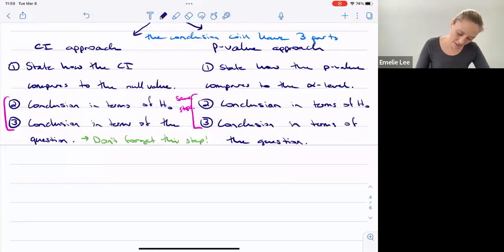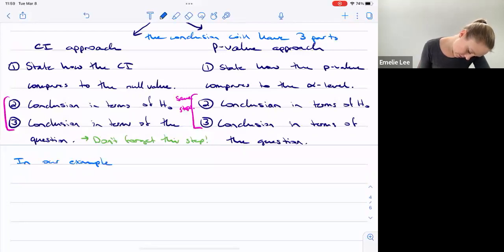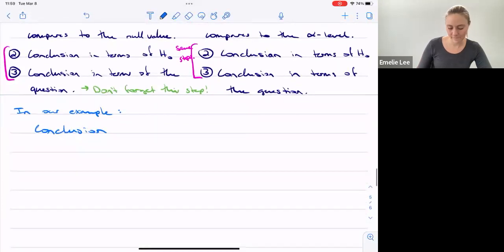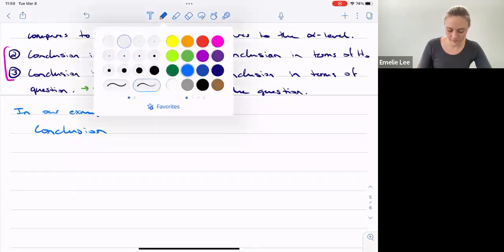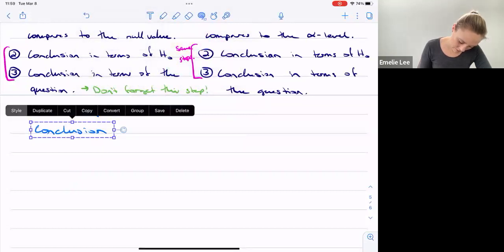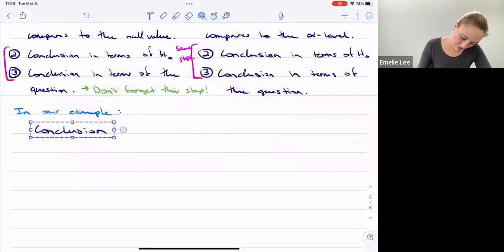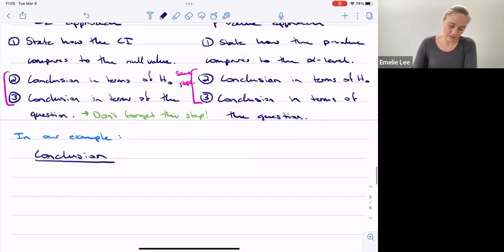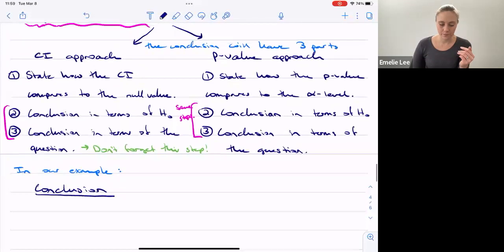So in our example, our conclusion is going to look like this.